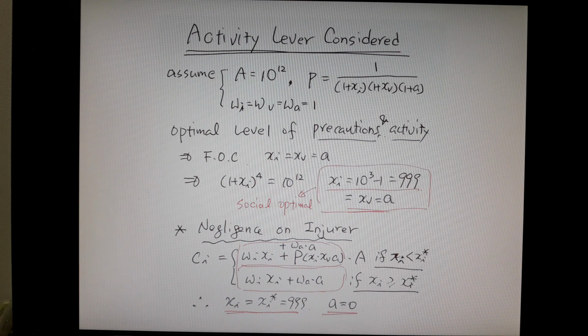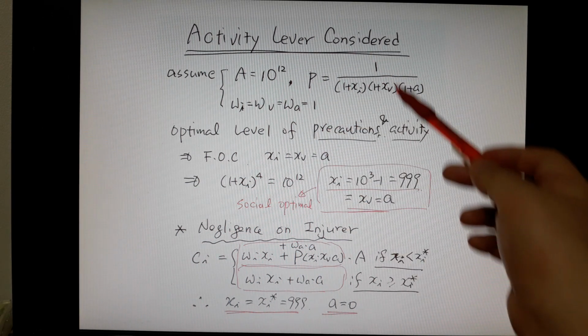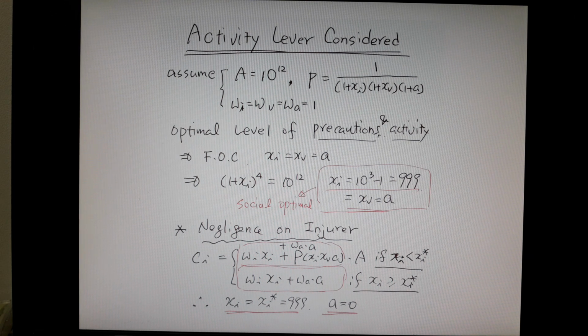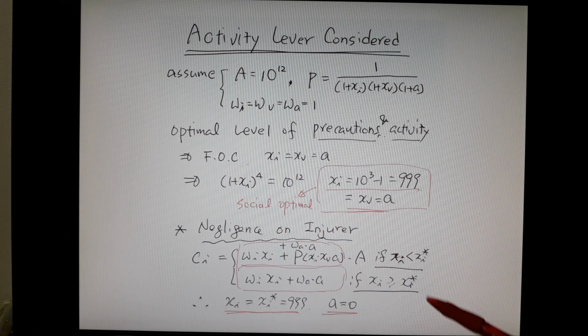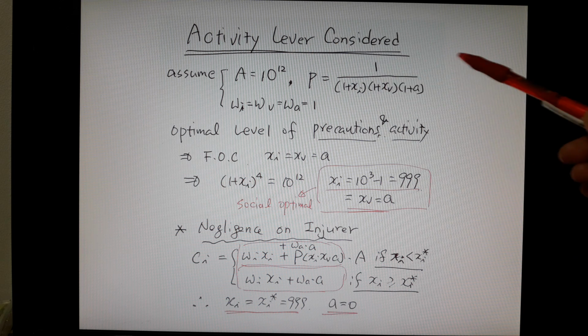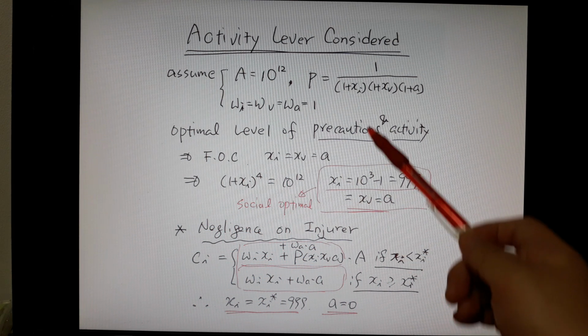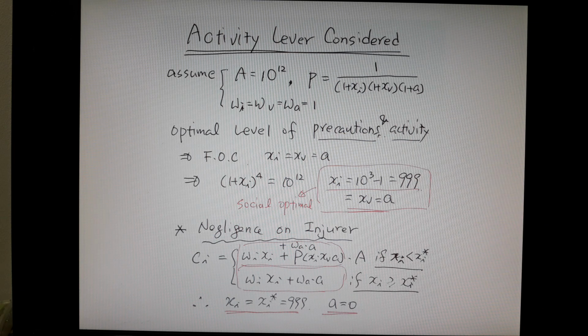By this time, I hope you are accustomed to calculating things. So with all these numbers, you compose a social cost, which should be Wi xi plus Wv xv plus Wa a plus p multiplied by the damage, and you differentiate this social cost with xi and xv and a and put all three of them to 0.